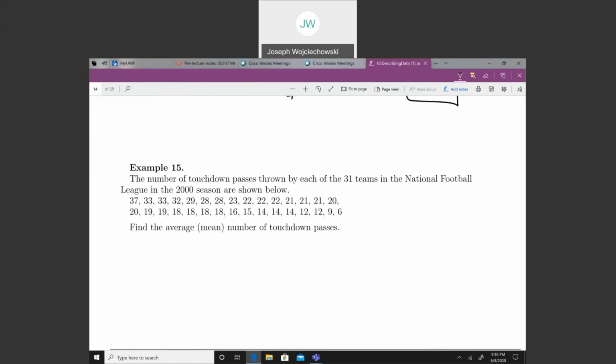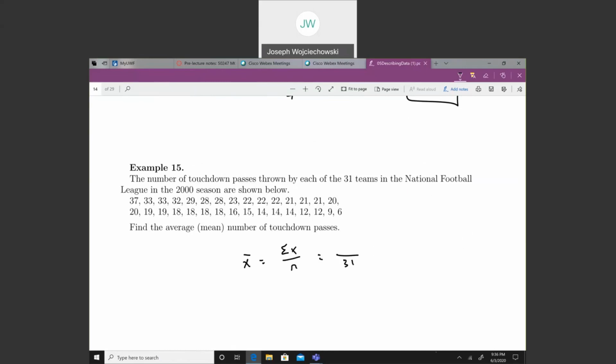The number of touchdown passes thrown by each of the 31 teams in the National Football League in the 2000 season are shown below. Find the average or mean number of touchdown passes. So again, our x bar is equal to the sum of all the x's over n. Well, we know n is 31.